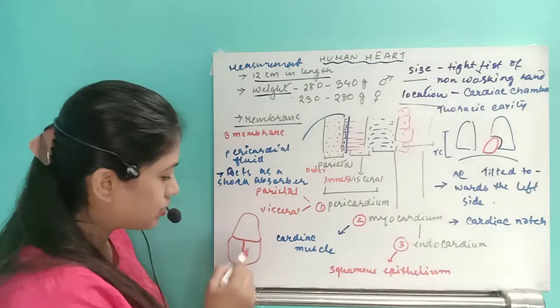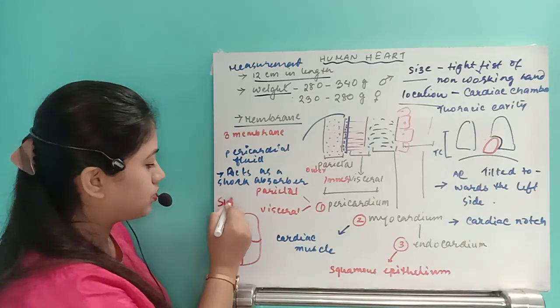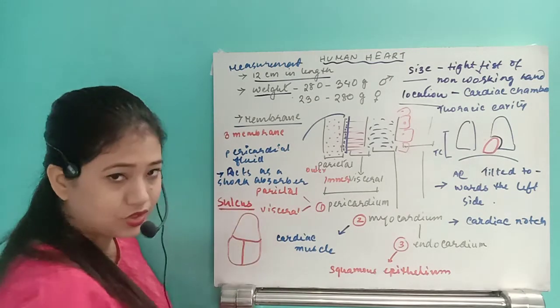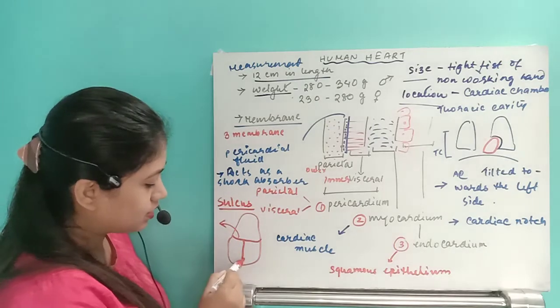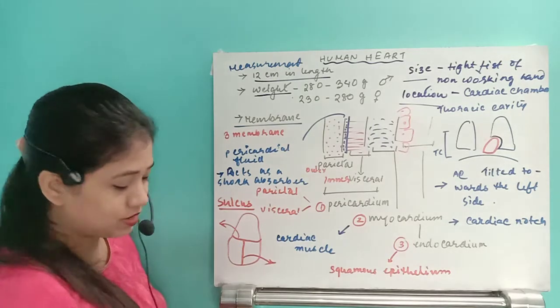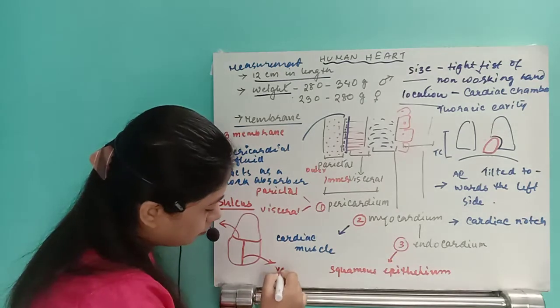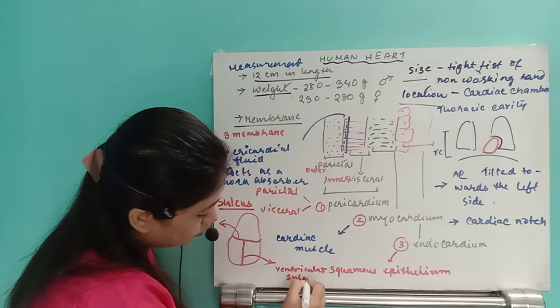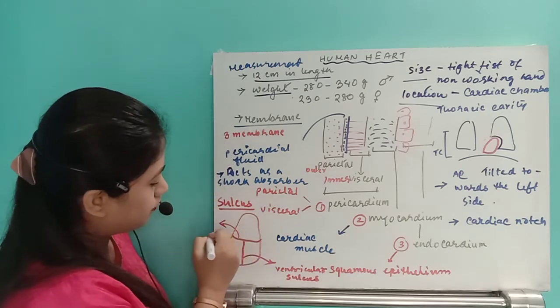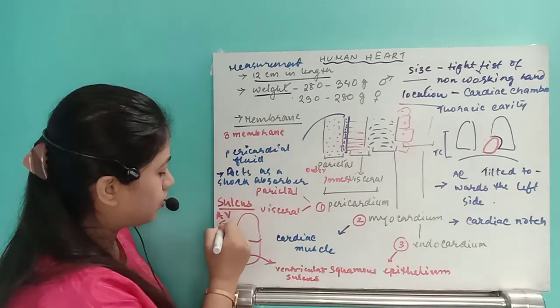They are two sulcus. We will use the term sulcus. Sulcus means depression. So this is the ventricular sulcus, and here this is known as the auriculoventricular sulcus.